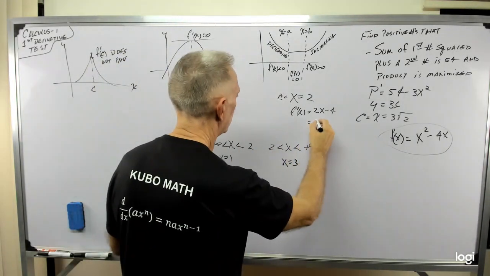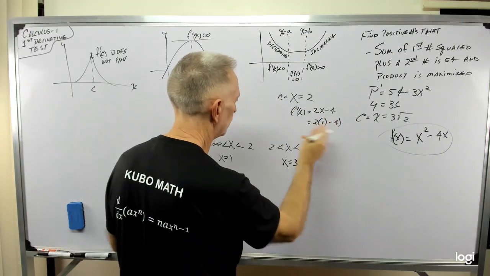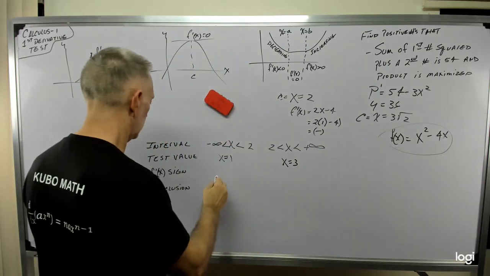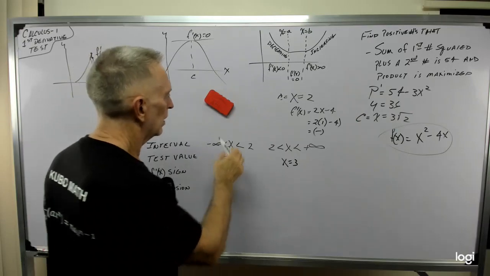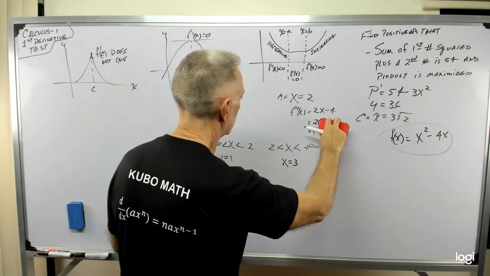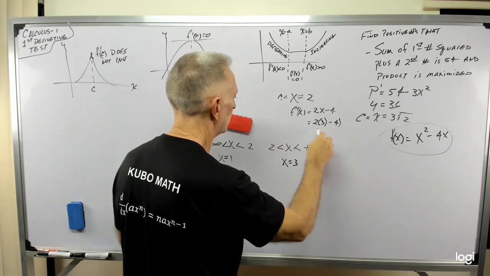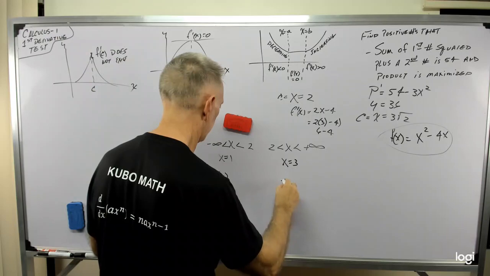So I have 2 times 1 minus 4. So 2 minus 4, obviously that's going to be a negative number. So I have a negative number here. All right, so now let's let x equal 3. See what happens. 2 times 3 is 6. 6 minus 4, that's a positive number.